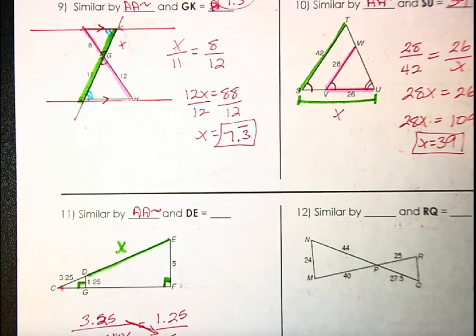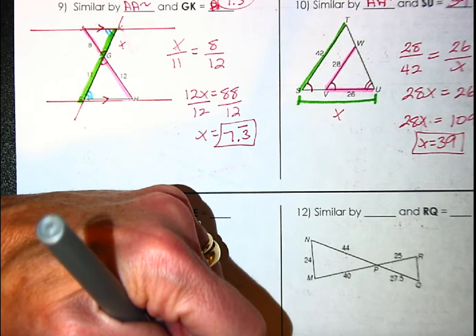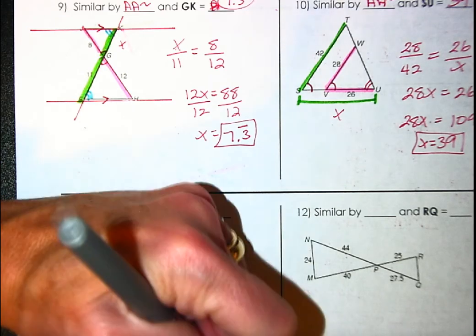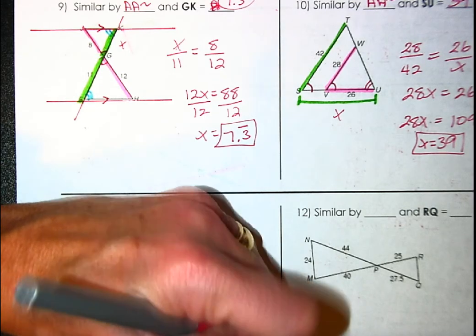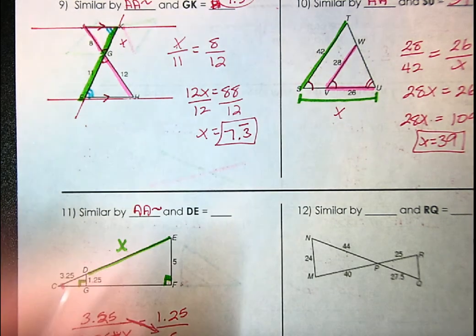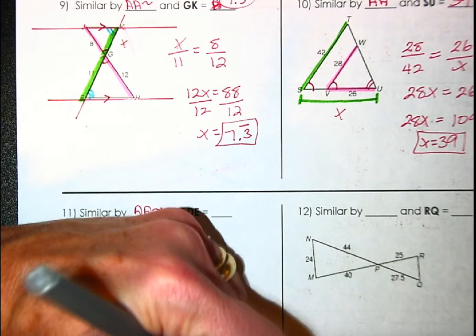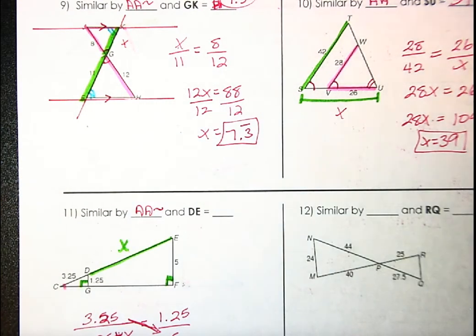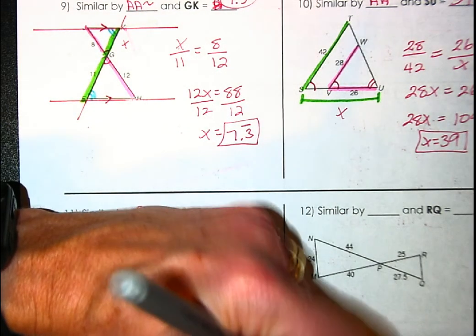And if I do the other side, I have to do 1.25 times 3.25 plus X. Well, 1.25 times 3.25 equals 4.0625 plus 1.25x.